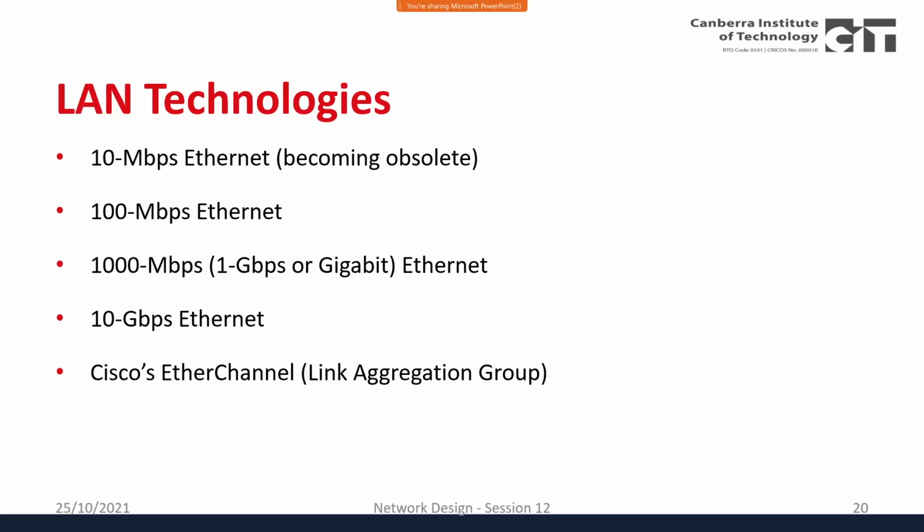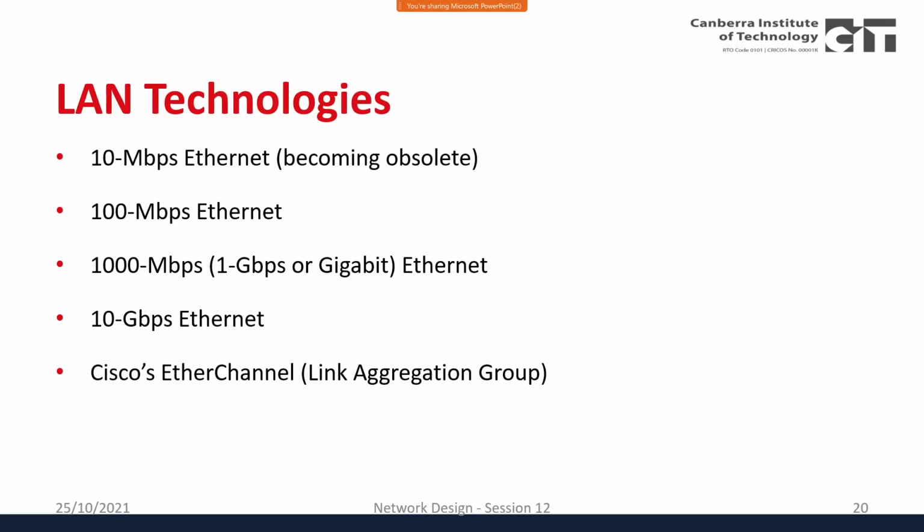Now, in the LAN technologies, we have the 10 megabits per second Ethernet. I don't even have to mention that. It's obsolete. We still have the 100 megabits per second Ethernet still around. We still have network interface cards, the NICs, that are only capable of doing 100 megabits per second. But nowadays, the de facto standard is becoming at least gigabit Ethernet networking adapters. And that basically means we're getting higher bandwidth in pretty much all of the links.